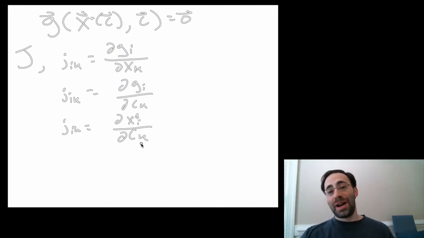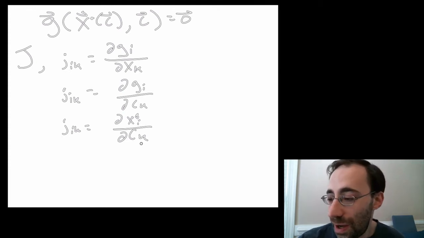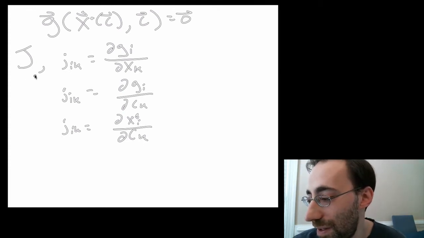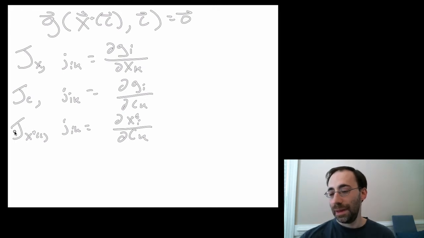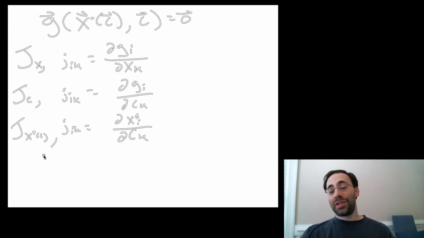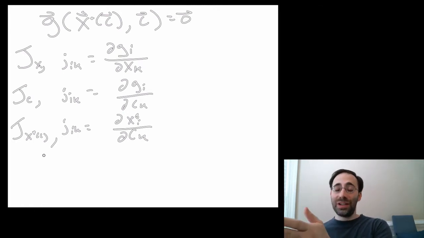So you actually have three possible Jacobians. We will call this one Jacobian J_x, this Jacobian J_c, and this Jacobian J_x star of c. Put commas here. And here are three Jacobians. So there's going to be a lot of algebra involved, a lot of calculus potentially in computing all these Jacobians, but you can do it in theory.